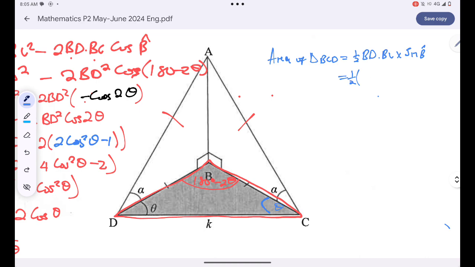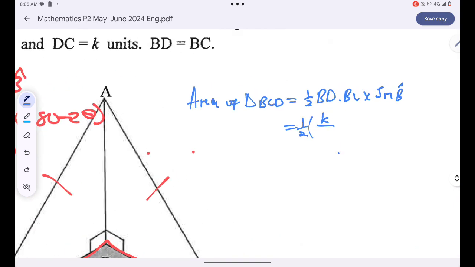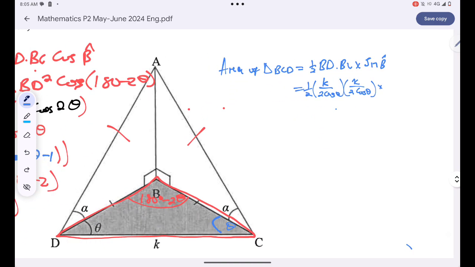BD is K divided by 2 cos theta. Remember that BD and BC are equal, so I have K over 2 cos theta multiplied by sine of angle B, that's sine of 180 minus 2 theta.